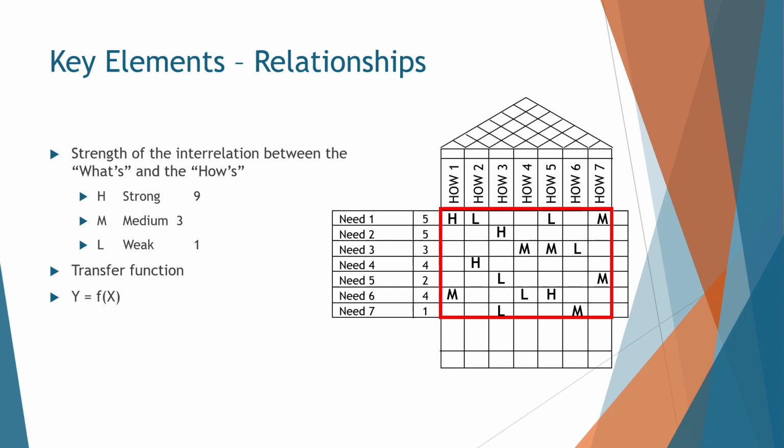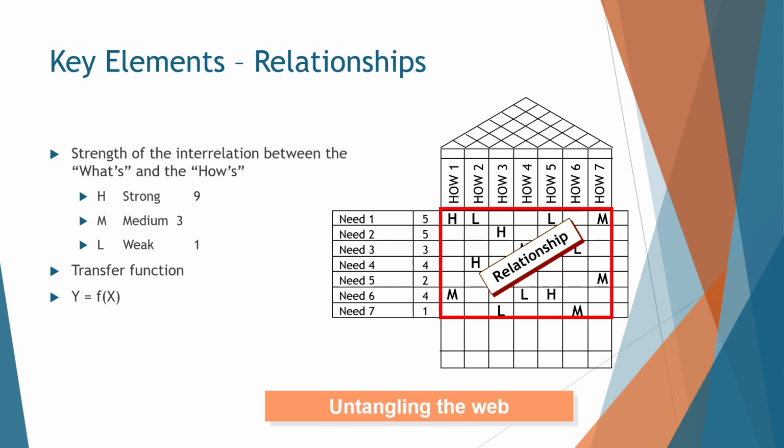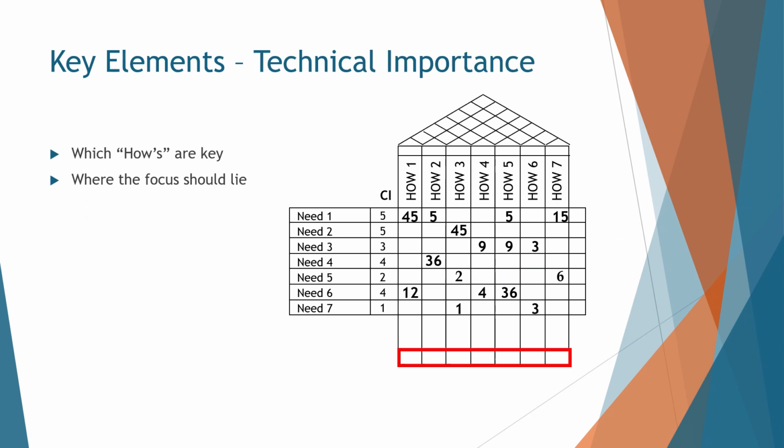This is just a tool when you're actually designing the product or service or an app. Just one of the many tools available to you as a Lean Six Sigma practitioner. And this is the relationship between the how's and the needs. Untangling the web.